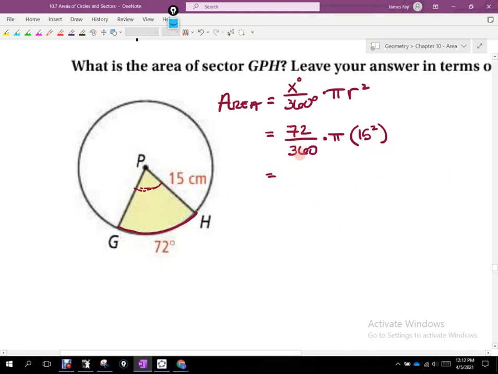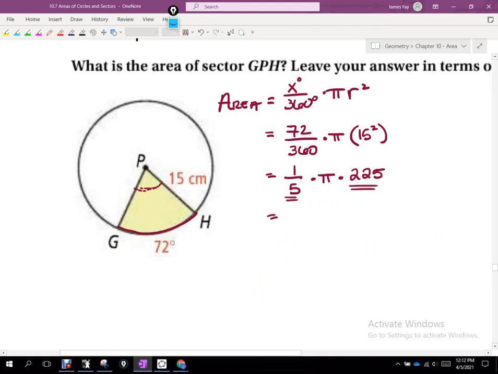So 72 over 360 is what? One-fifth? Then times pi, anybody know what 15 squared is? 225. Now 1/5 times 225. Those two numbers are rational numbers, right? Let's multiply those together. Those two work together the best.